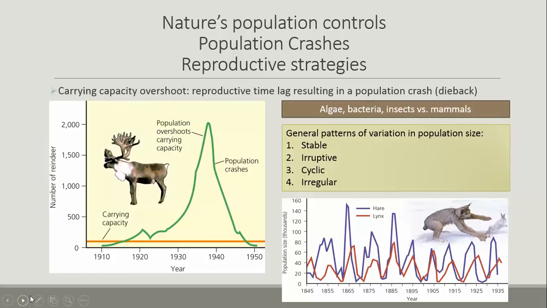So over those cyclic periods, you see these boom and bust time frames. And then finally, you've got populations that appear to have irregular changes in size with really no recurring pattern. Basically, scientists will attribute this irregularity to chaos in systems. It could just represent fluctuations in response to catastrophic population crashes from severe winter weather.